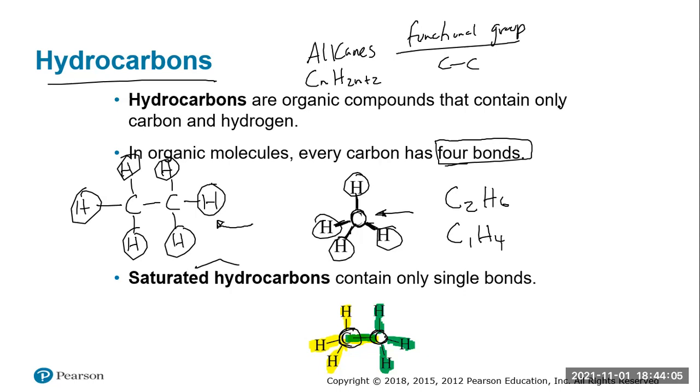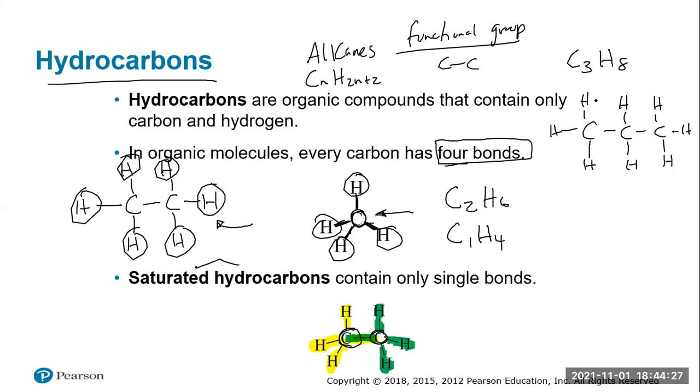If we had 3 carbons, 3 times 2 is 6, 6 plus 2 is 8. It should have 8 hydrogens and would look something like this: carbons attached to carbons and hydrogens attached to those carbons.